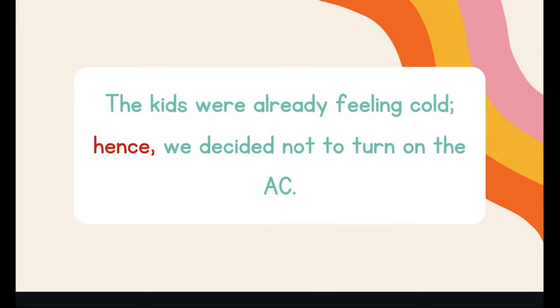The first one is the kids were already feeling cold. To connect it to the second one, we use a conjunctive adverb, which is the word hence. So the kids were already feeling cold, hence we decided not to turn on the AC.